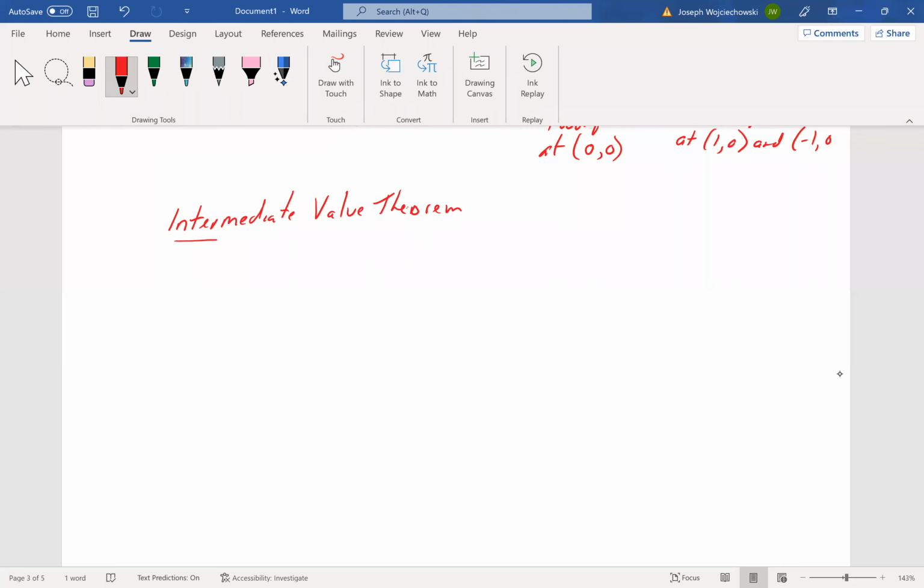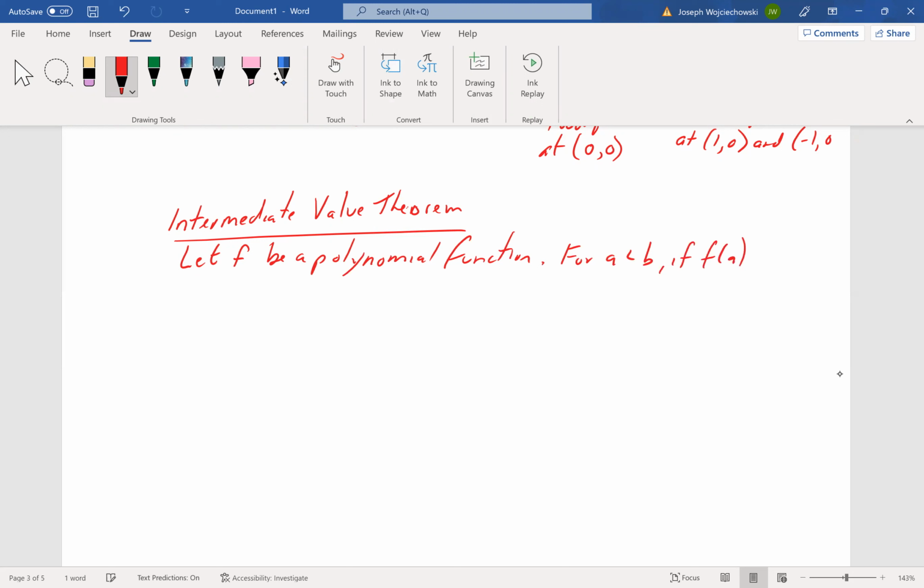And this says, let f be a polynomial function for a less than b.